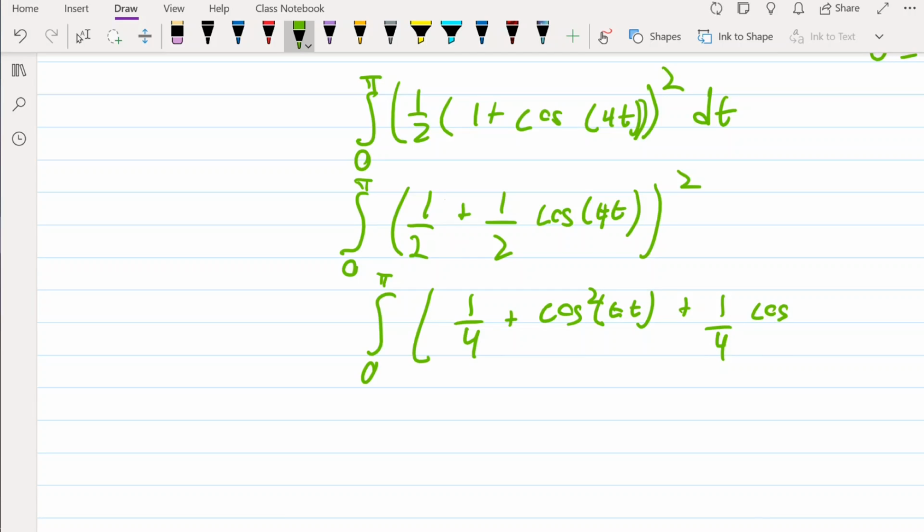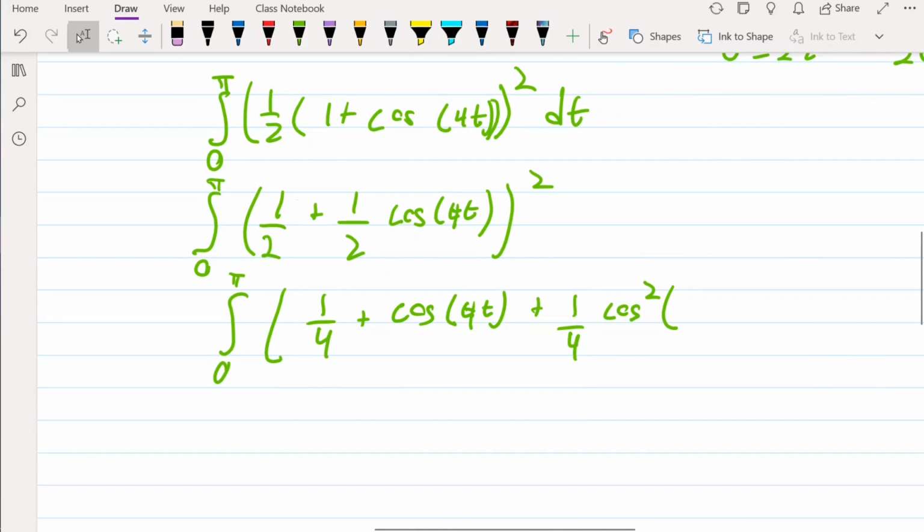Oh wait, no, this one shouldn't be squared. Only this one should be squared. Yeah, I think that's just 1 because 1/2. And that should be 8t, or 4t. No, I believe this should be 4t to begin with, just because it's multiplying by itself. I forgot the dt there.